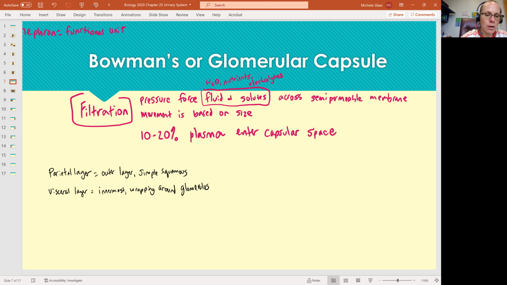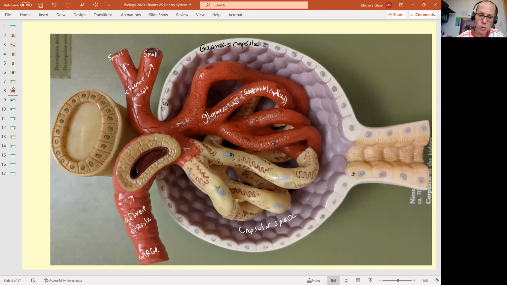And we have a special type of cell here that we call a podocyte. Now the podocyte is going to have these feet-like extensions that will actually hug and wrap around the glomerulus, around those capillaries. So what we're looking at here, this group of cells immediately on top of the glomerulus, this is our podocyte. And we see that it has these extensions of the cell that will actually wrap around that glomerulus. But then we'll have these spaces, and it looks like this little squiggly line where we can see the red peeking up through.